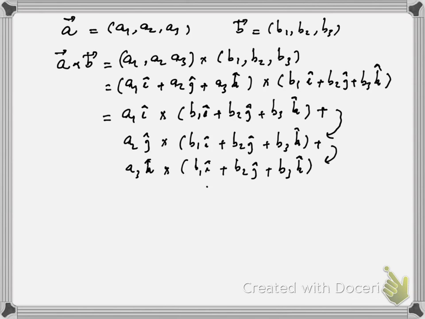Now it is equal to A1 B1 multiplied by I cross I, and I cross I is equal to 0, plus A1 B2 into I cross j, which is equal to k cap, plus A1 B3 into I cross k.